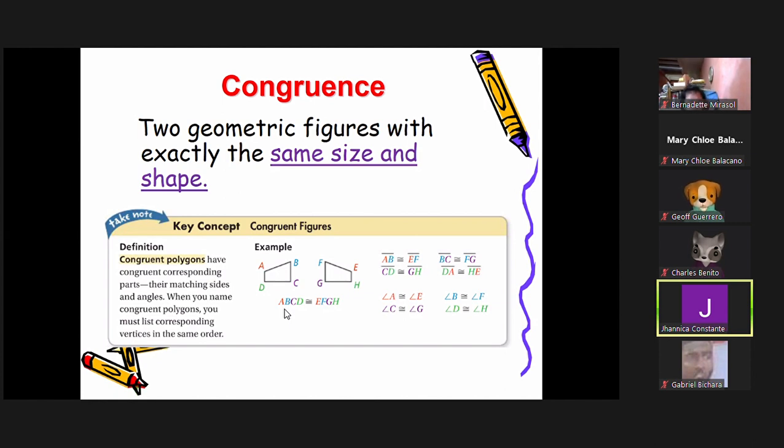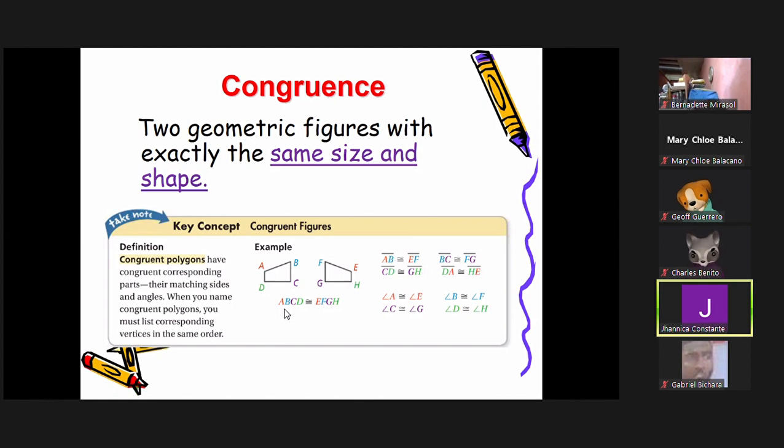But when it comes to congruent triangles, it doesn't only depend on the measurement of the sides and angles. Minsan, magkakaiba yung measurement ng side sa kabilang triangle, but they are still classified as congruent because of the postulates or theorems that we have.